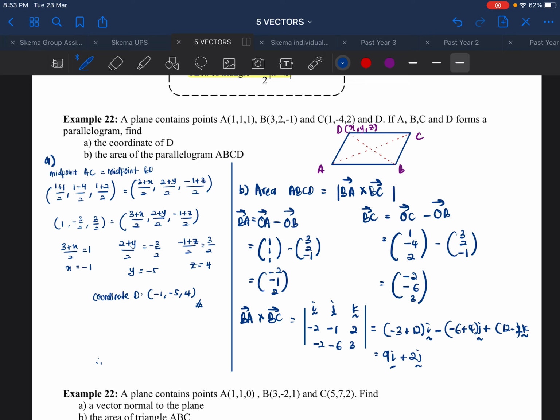And the last one we get 12 minus 2, which is plus 10k. Okay, right?